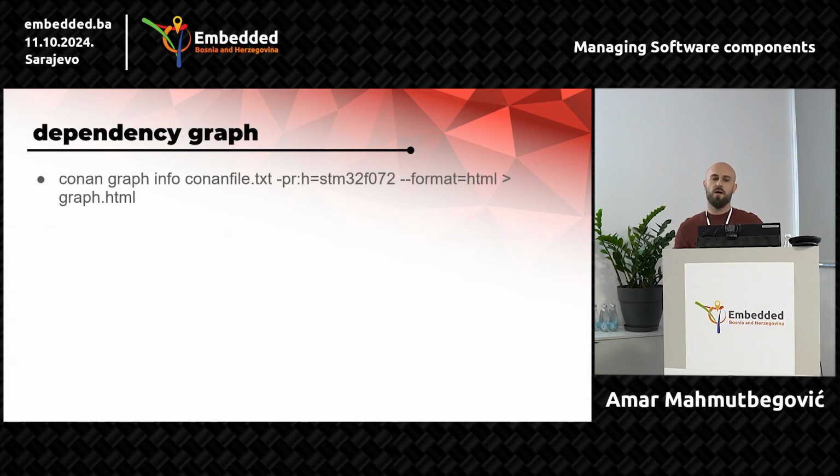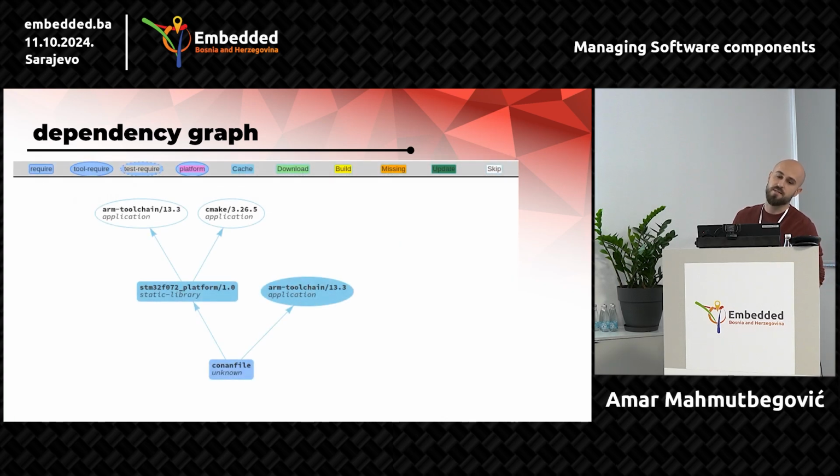Dependency graph. So as a first or second step of Conan install, we saw it computes dependencies. So we can also explicitly ask Conan to create dependency graph using Conan graph info command, and we can tell it to use HTML format, which will provide us with HTML file that looks something like this.